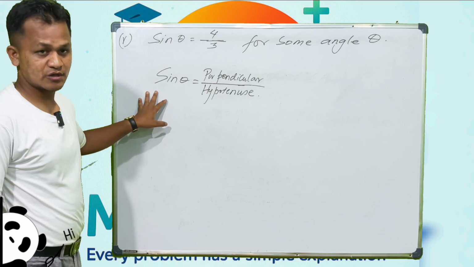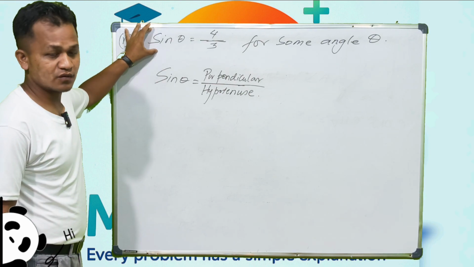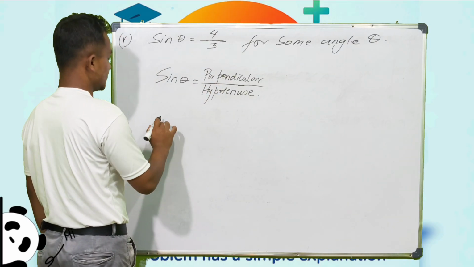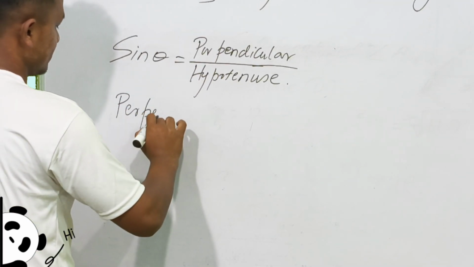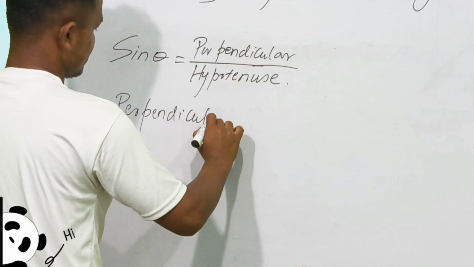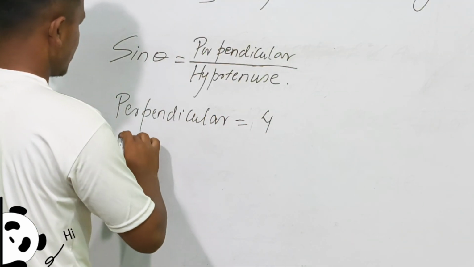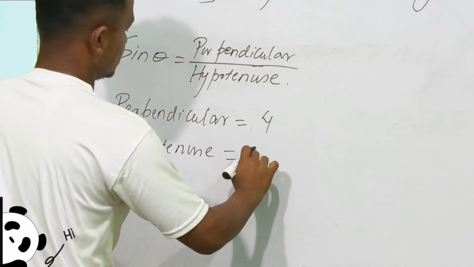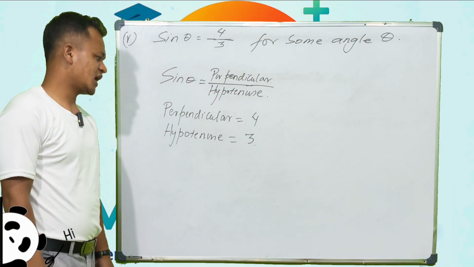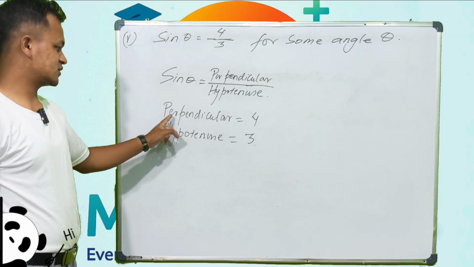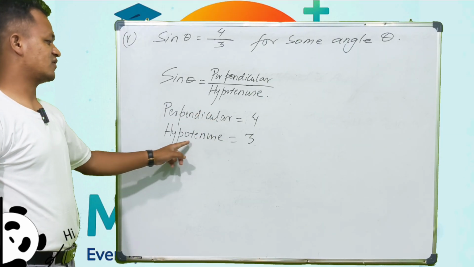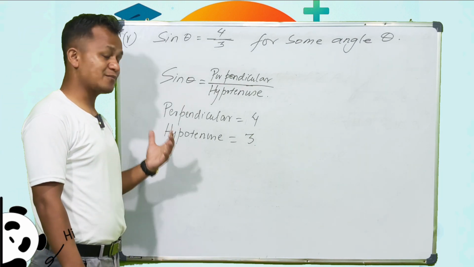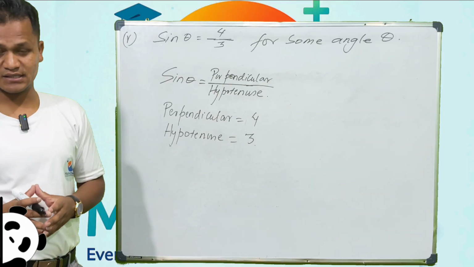If you compare the trigonometric ratio of sine theta and the given value of sine theta, we can conclude from these two equations that perpendicular is equal to 4 and hypotenuse is equal to 3. The value of perpendicular is 4 and the value of hypotenuse is 3, which is not possible because we all know that the hypotenuse must be the longest side of a right-angled triangle.